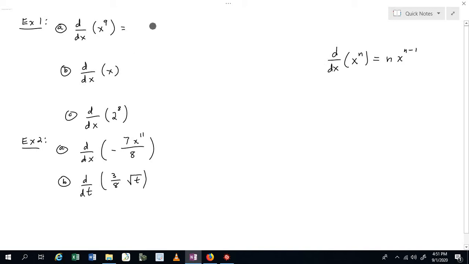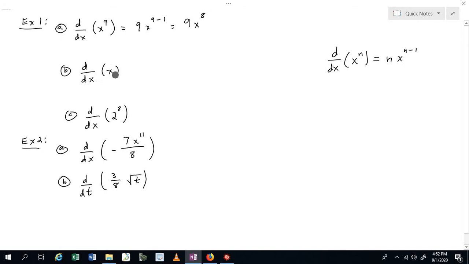Okay, so in this case, the derivative of this using the power rule should just be 9 times x raised to the 9 minus 1 power, which of course is 9 times x to the 8th power. So the derivative of this function would simply be 9x raised to the 8th power.